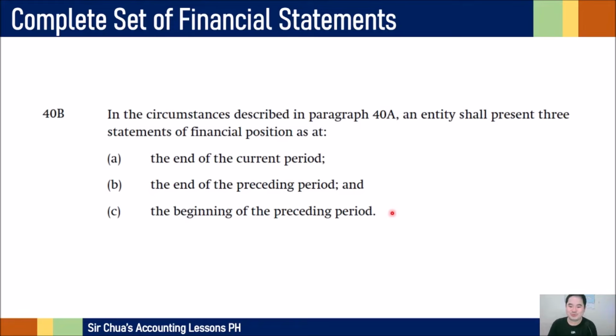Yun po yung ibig sabihin ng 3 statements of financial position. Just to make it very simple, ganito lang po yan. December 31, 2021, December 31, 2020, tsaka December 31, 2019. Okay? Kasi in December 31, 2019, January 1, 2020 po yun. Yun yung sinasabi po nating beginning of the preceding period. Okay? So that's how you interpret that sentence in the standard.